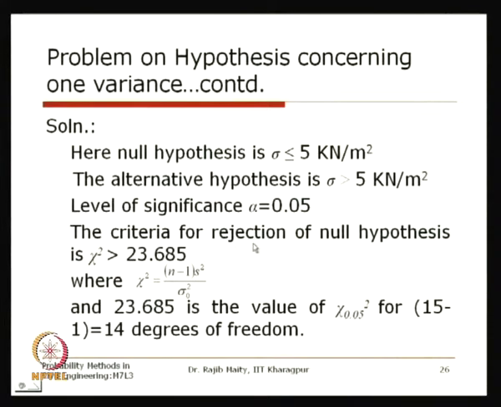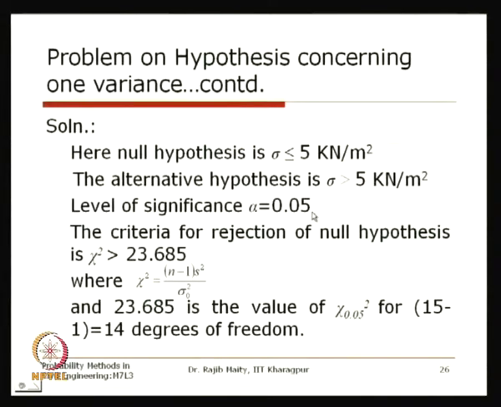The criterion for rejection of this null hypothesis is that chi-square is greater than 23.685. Now, where did we get this from? 23.685 is the value for alpha 0.05, where the chi-square distribution has degrees of freedom equal to 15 minus 1, equals 14.